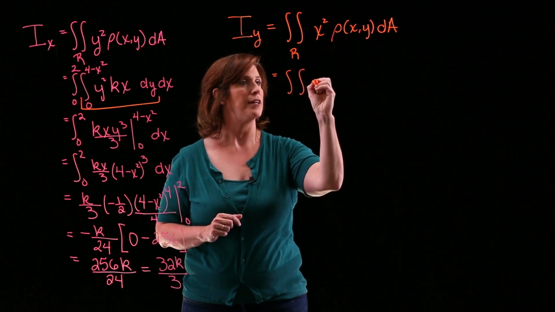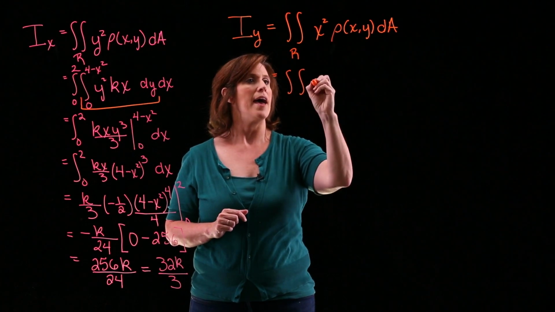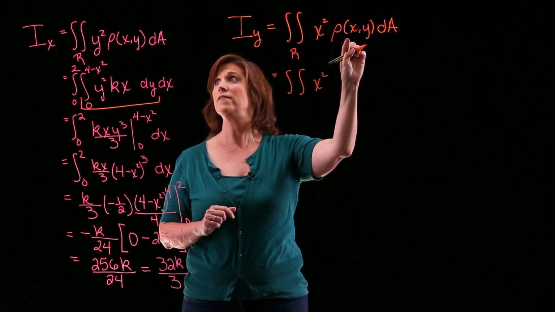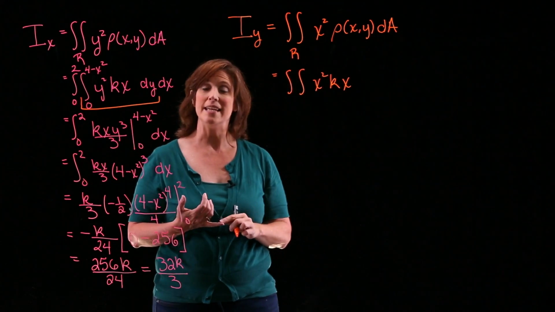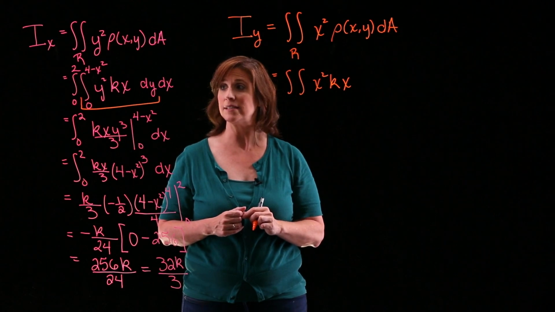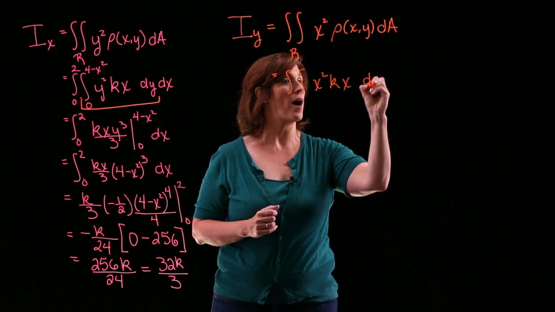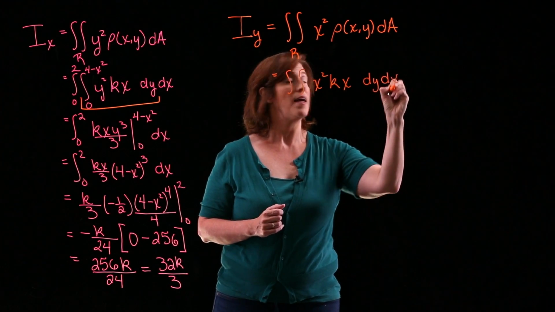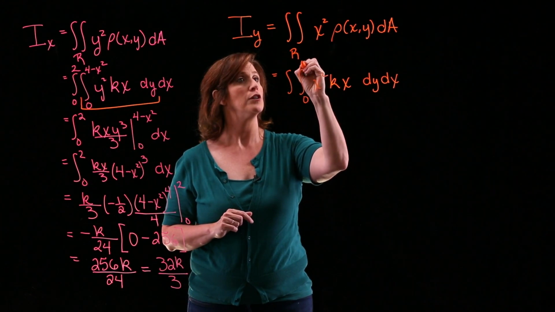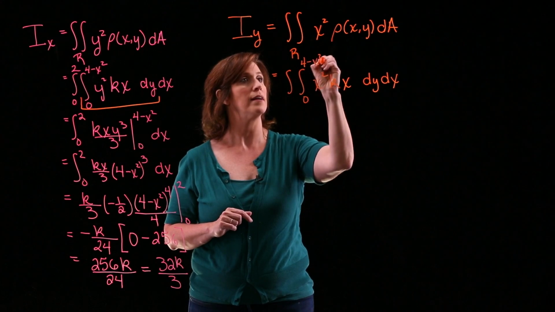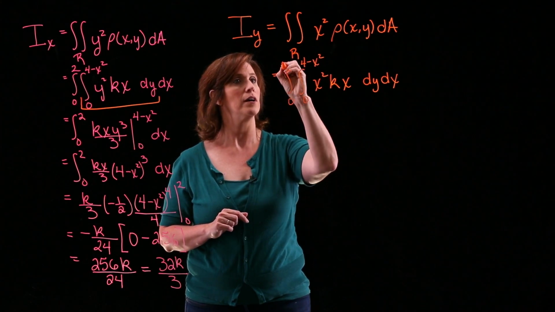Okay, so here's x squared, and my density function is k times x. I'm going to choose the dA the same way I did in the previous part, so I'll do a dy dx, which means my limits of integration are the same. I'll be going from 0 to 4 minus x squared, and from 0 to 2.